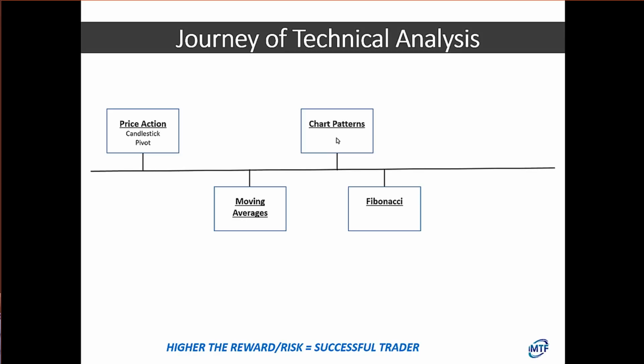Eventually, from chart patterns, people start learning Fibonacci, and this has become the most popular technical system in the world for years, and it still is today, believe it or not. And believe it or not, Ichimoku is based on Fibonacci too, and I'll show you that in just a moment. So Fibonacci is basically where everyone pretty much engages.